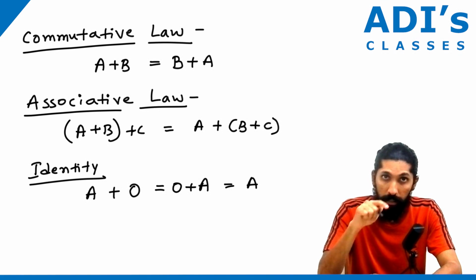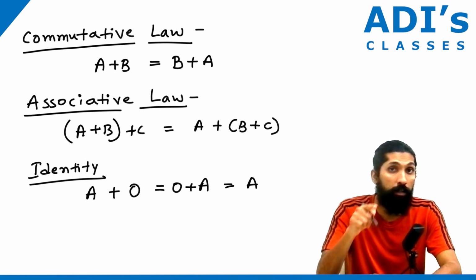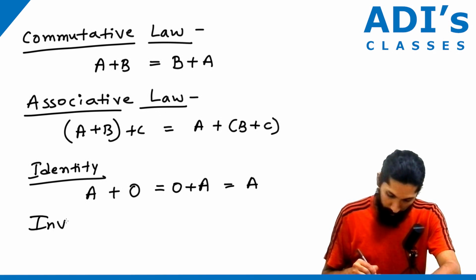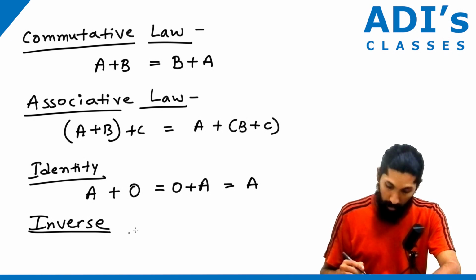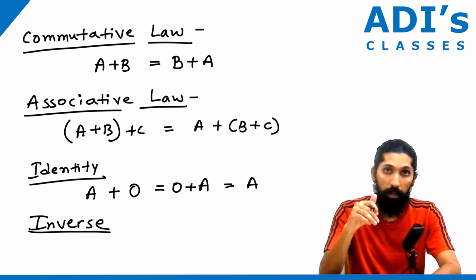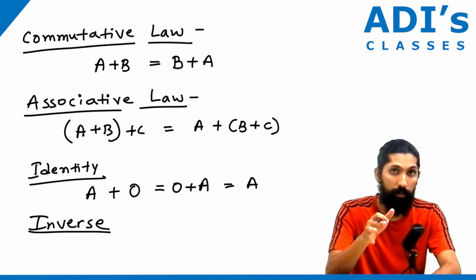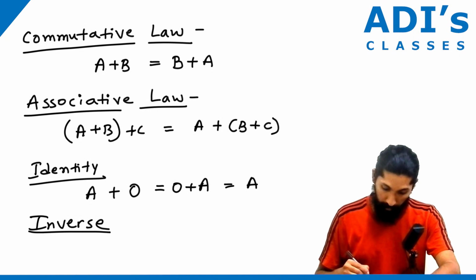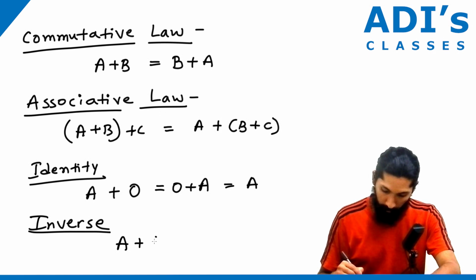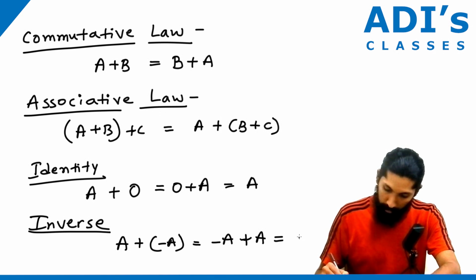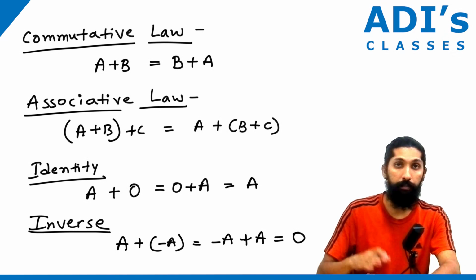The next one is the inverse, the additive inverse, as we call it. When we talk about the additive inverse, that means matrix A plus some other matrix should give you the null matrix, which is nothing but minus A. That means we have A plus (minus A) is equal to minus A plus A, which is equal to the null matrix.